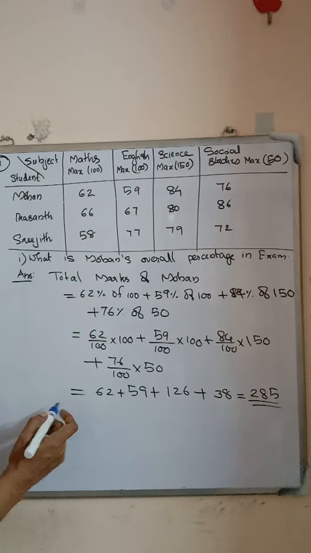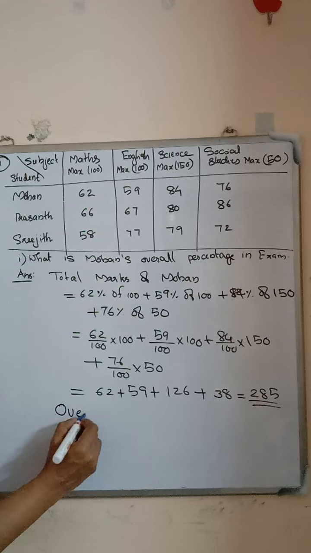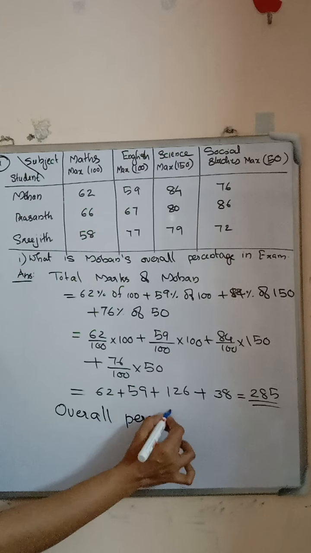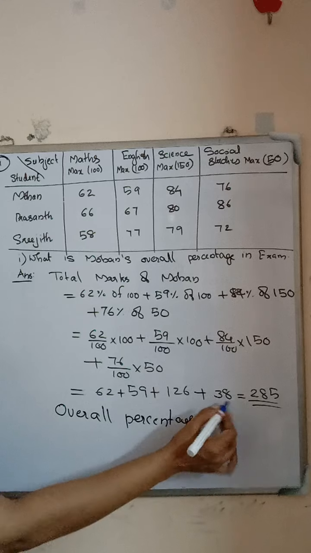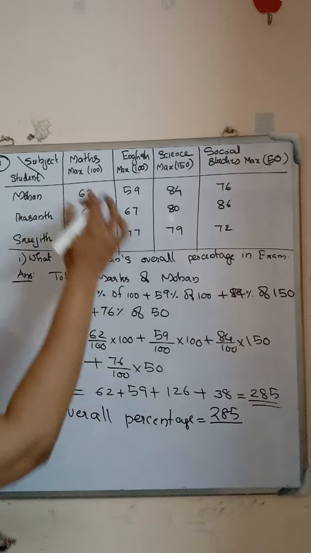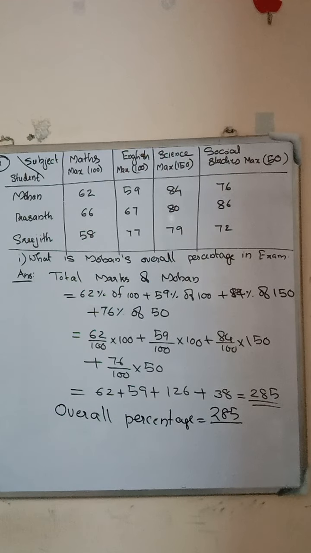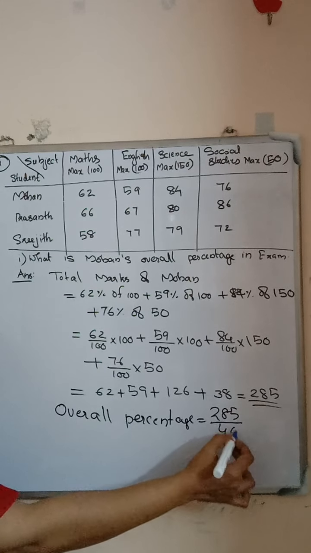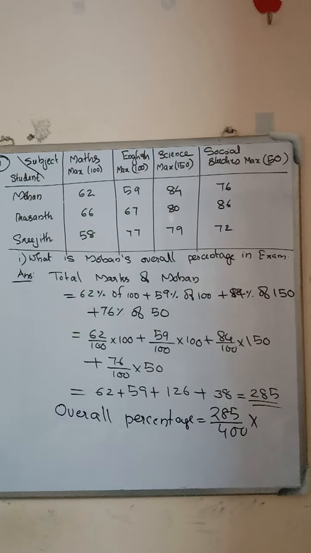Then what is the overall percentage? Overall percentage equals marks obtained by Mohan, 285, divided by total maximum marks. Total maximum marks is 100 plus 100 plus 150 plus 50, which is 400, into 100.